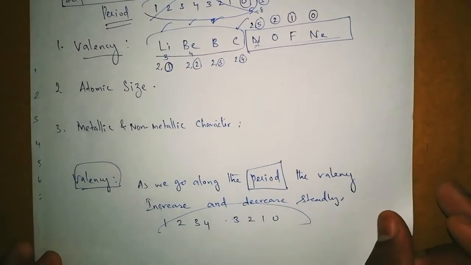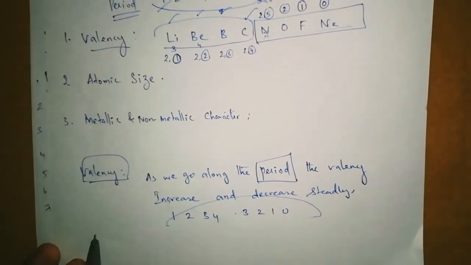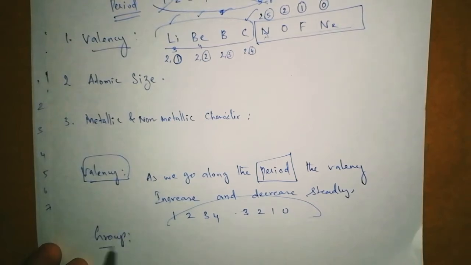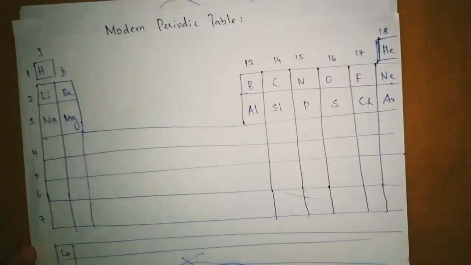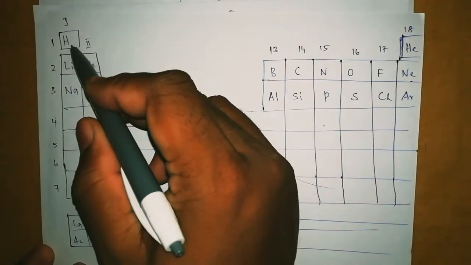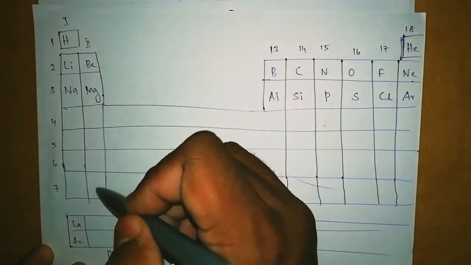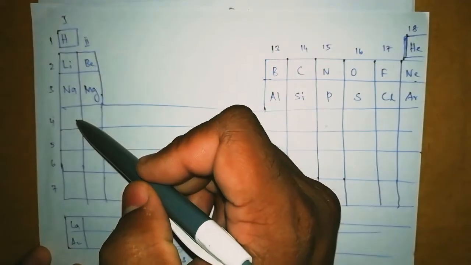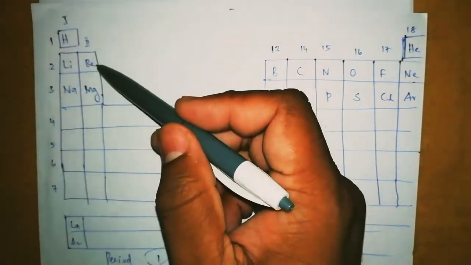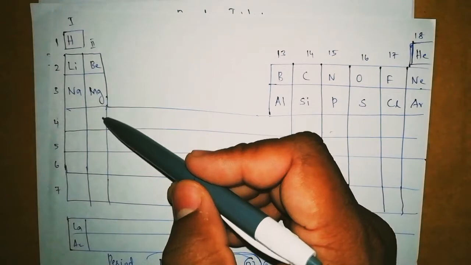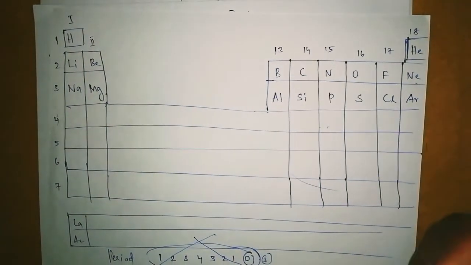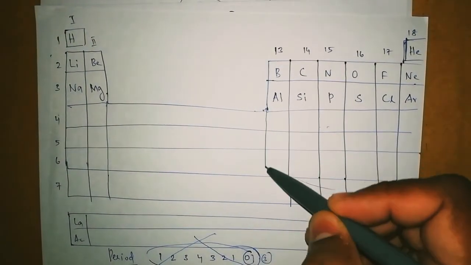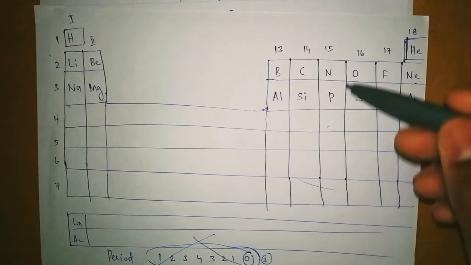What happens along the group? Let's see the valency in the group. If you watch carefully, all the elements in a group have the same valency. You can look at lithium, sodium, potassium, whatever elements come below that, or beryllium, magnesium, calcium, or whatever elements come down, all are having the same valency.